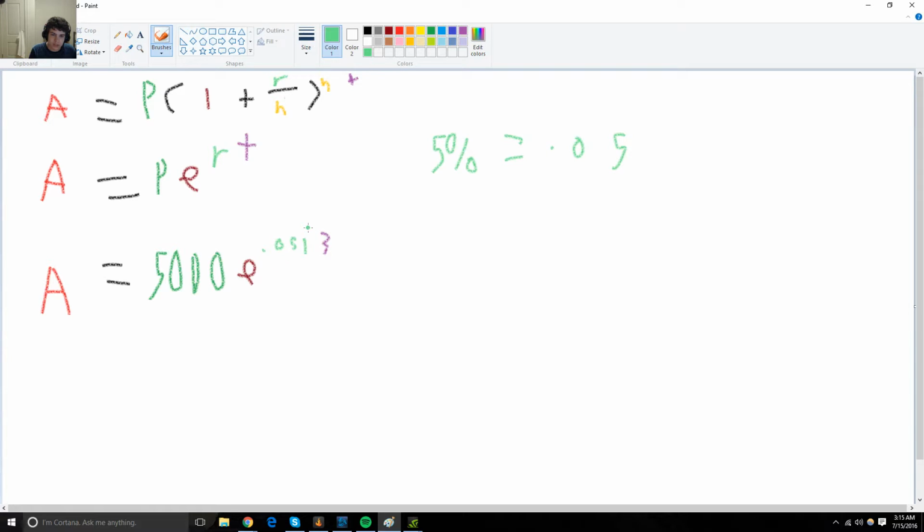So you just plug into a calculator at that point. 5,000 e to the 0.051 times 3. So it's 5,000 times e to the quantity, put that part in parentheses, 0.051 times 3.